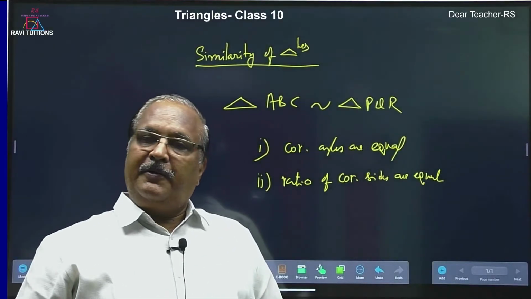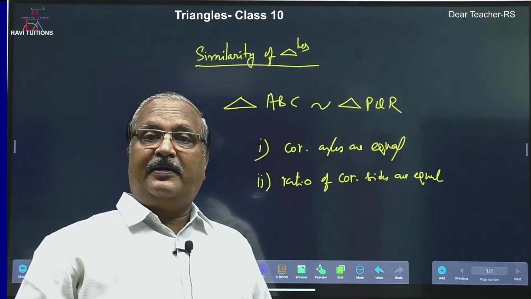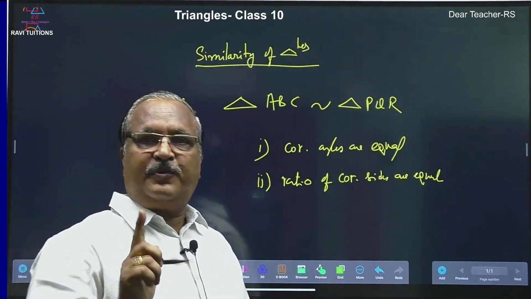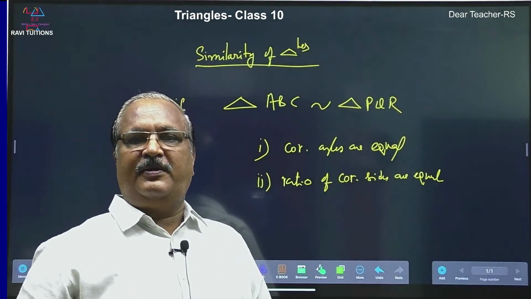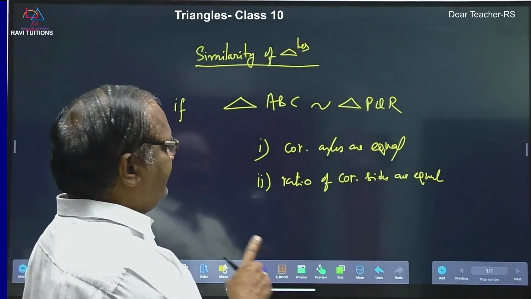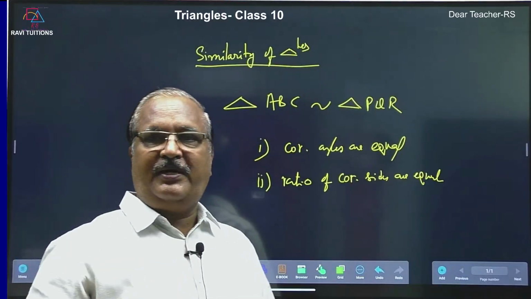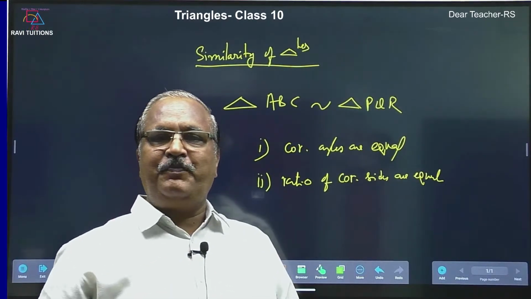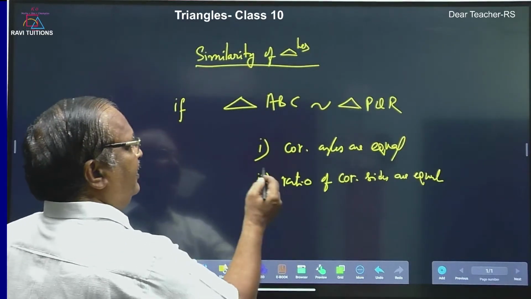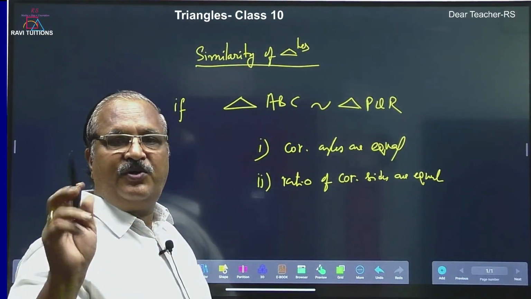So in congruence, corresponding angles are equal and corresponding sides are also equal, but here corresponding sides are proportional. You have to understand this because one question will come based on it, so you should understand what corresponding angles are. Without drawing the figure, I will explain.